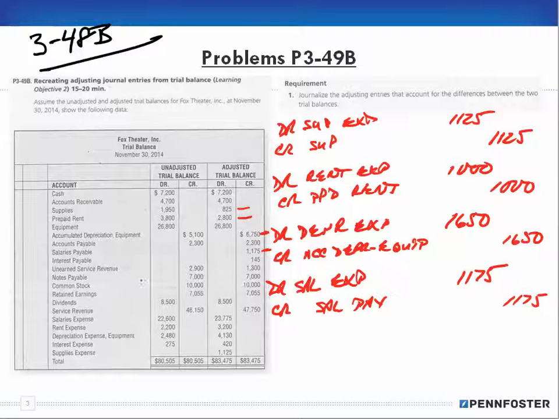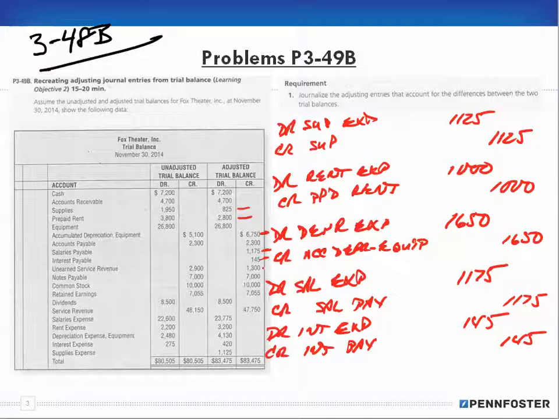Same with interest payable. My interest payable here went from 0 to 145, so I'm going to credit interest payable for 145. Debits have to equal credits, so I'm going to debit, and that would be interest revenue. I'm sorry, interest expense, because I owe the interest payable, so it's interest expense for 145.